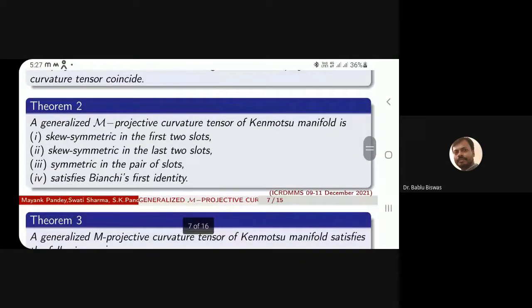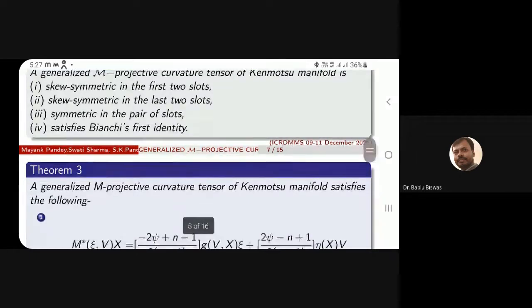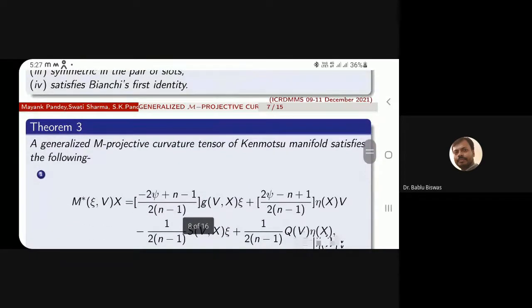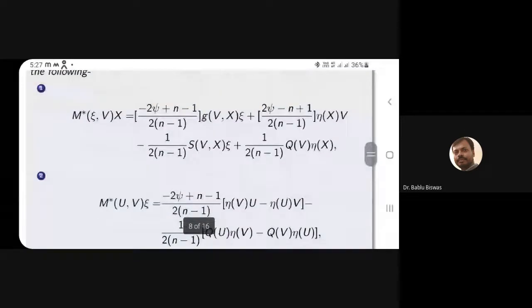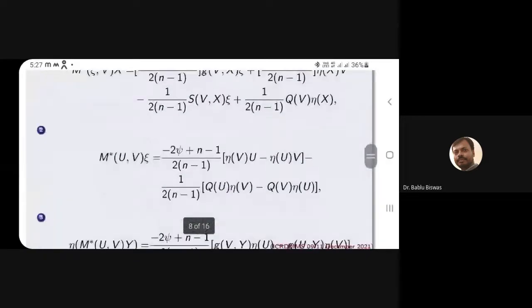Theorem second: a generalized M-projective curvature tensor of Kenmotsu manifold is skew symmetric in the first two slots, skew symmetric in the last two slots, symmetric in pair of slots, and satisfies Bianchi's first identity also. A generalized M-projective curvature tensor of Kenmotsu manifold satisfies the following conditions. These are first, second, and also third.